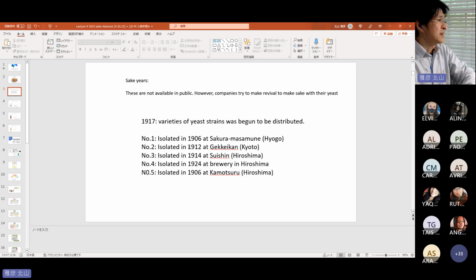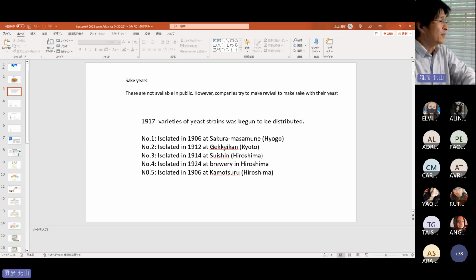And next, 6 years later, 1912, Gekkeikan. Some of you may be familiar with this name. Gekkeikan is the name of a brewery in Fushimi, Kyoto area. And their sake was awarded at the contest in Japan.